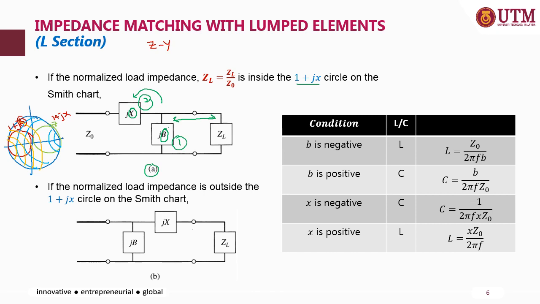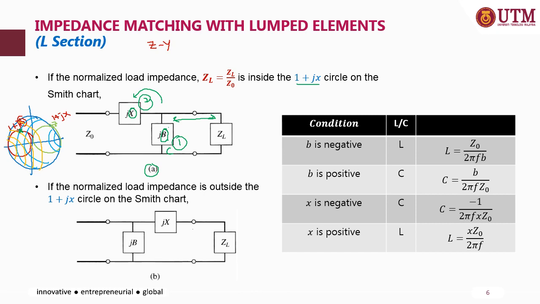All right, in terms of the element, if you get B positive, maybe somewhere here, then the component here will be a capacitance, and the equation to get the capacitance value is as shown.